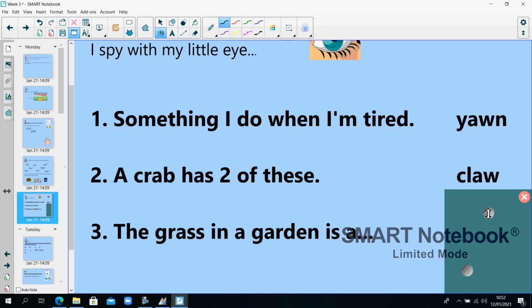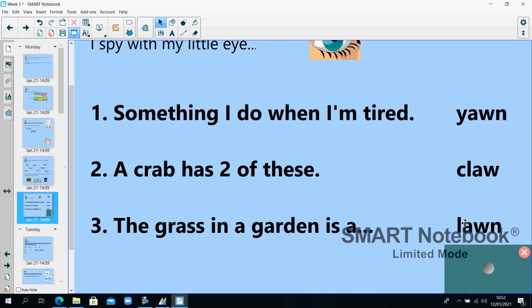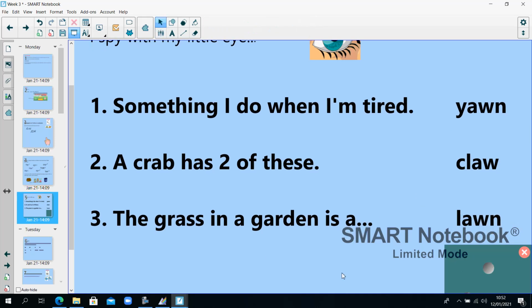K, l, or. Claw. The grass in a garden is a, we don't often call it this up in Manchester, but it's a lawn. L, or, n. Lawn. I'll just move that so you can see properly. It's a lawn. Well done, that's the end of Monday's lesson.